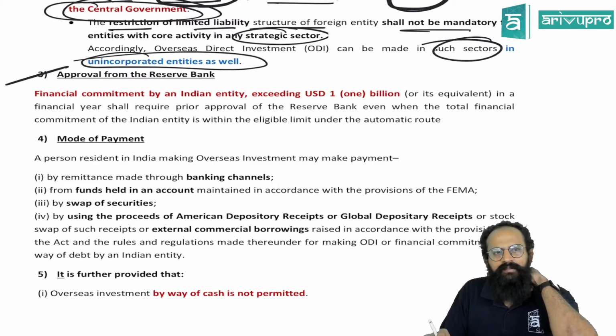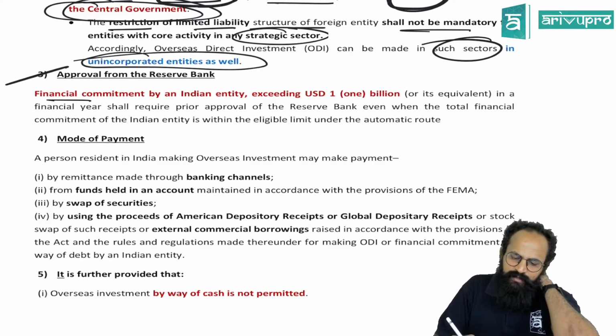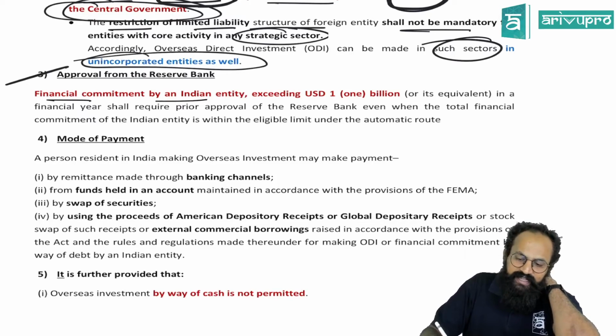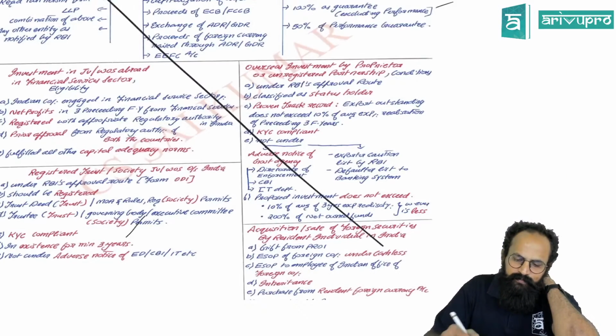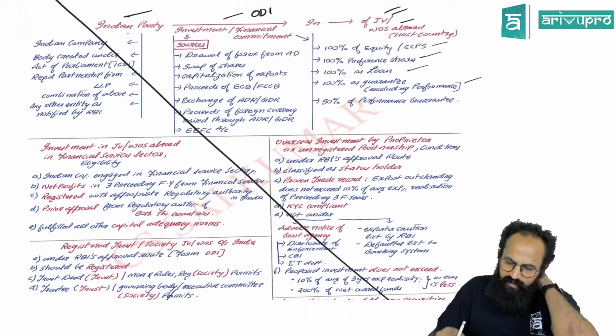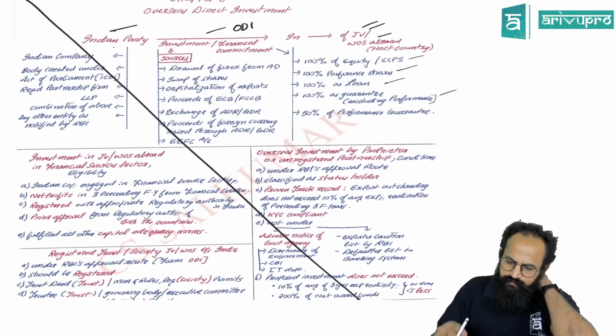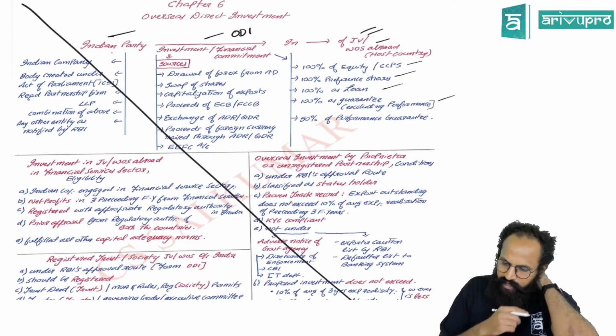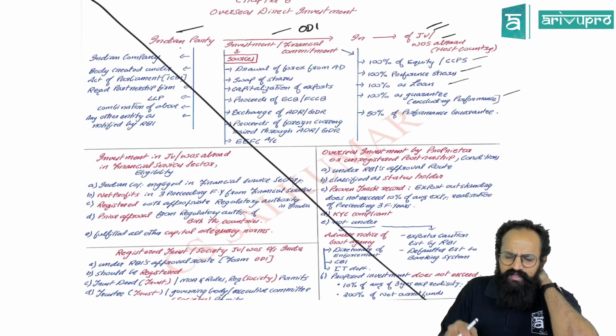Approval of RBI. When is approval of RBI required? People, financial commitment by an Indian entity exceeding USD $1 billion. If you remember, this was already there, people. Nothing new. Okay, I missed it, people. Basically, there was another thing.